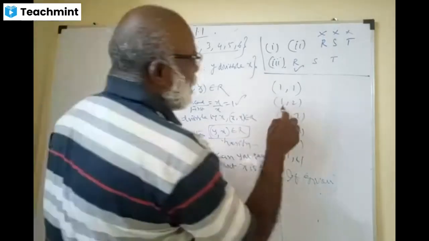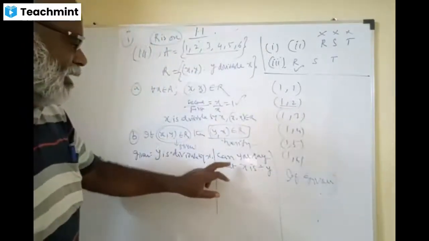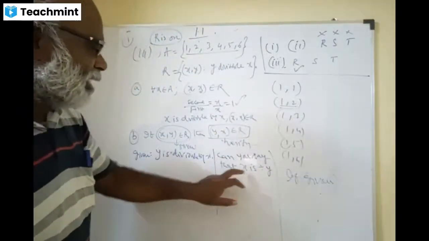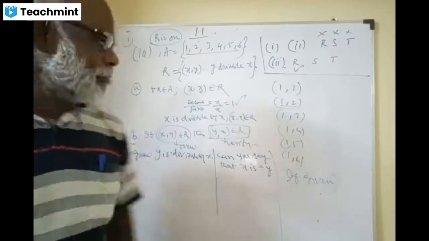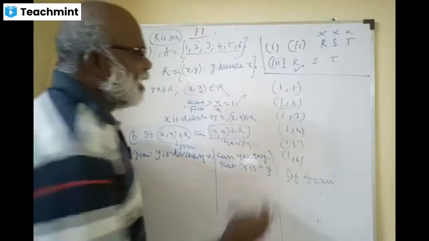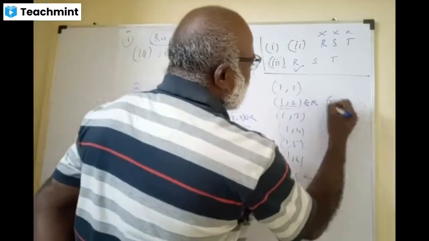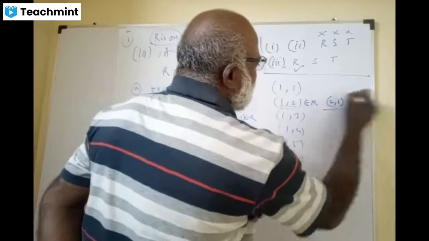Can you say that x is divisible by y? That means (1, 2) belongs to R. Can you say (2, 1) belongs to R? Is it true or false?